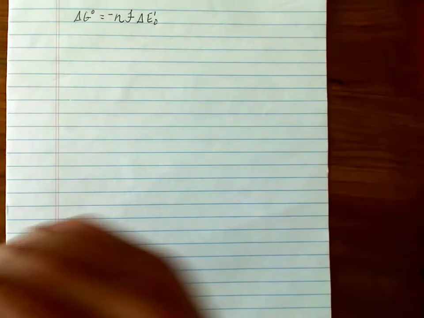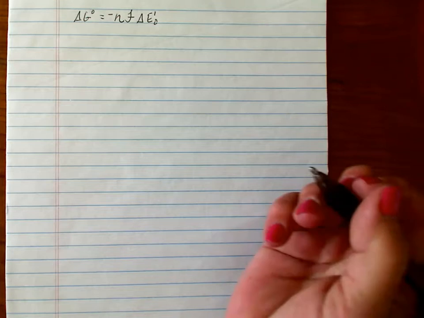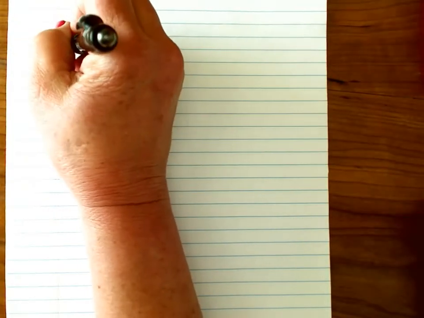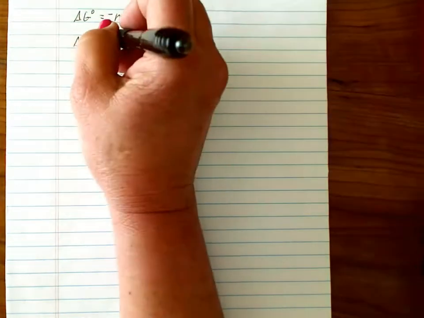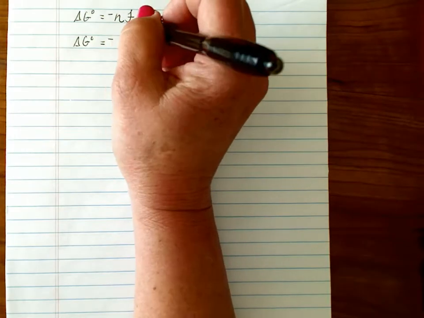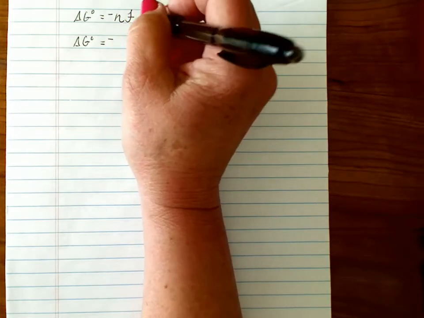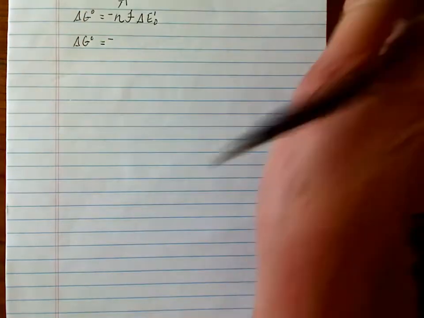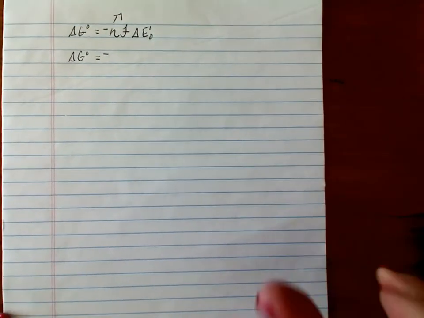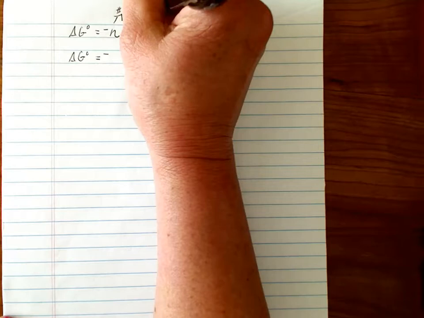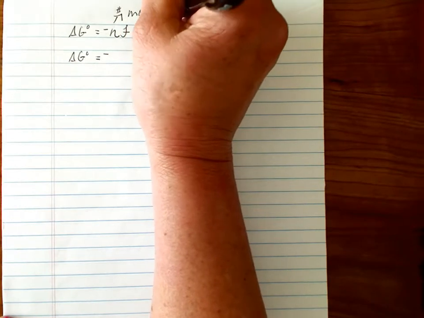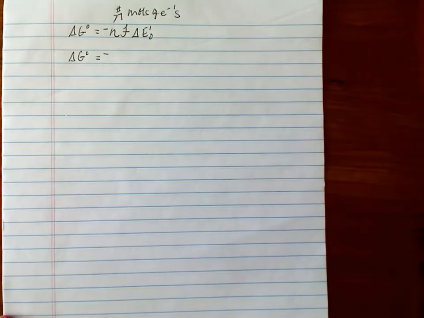So we can calculate the standard free energy for the reaction that we just looked at. I'm sorry, I should clarify. This n is the number of moles of electrons, of which we had 2.